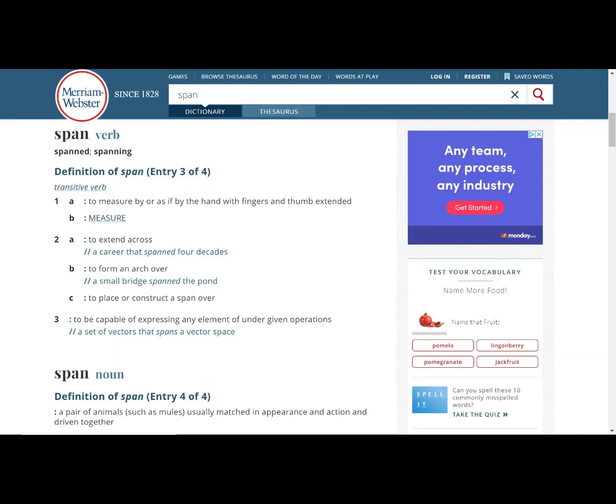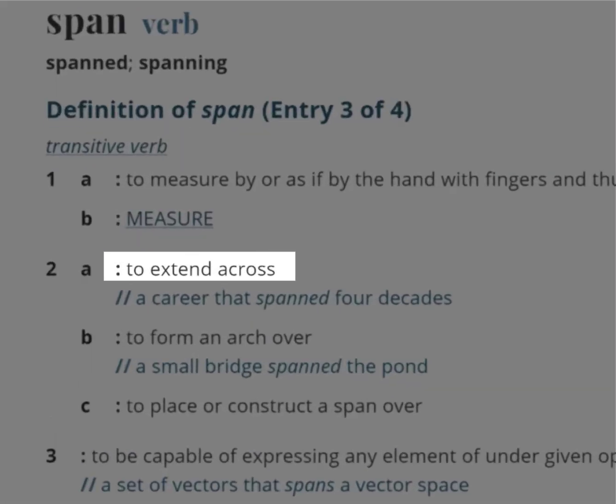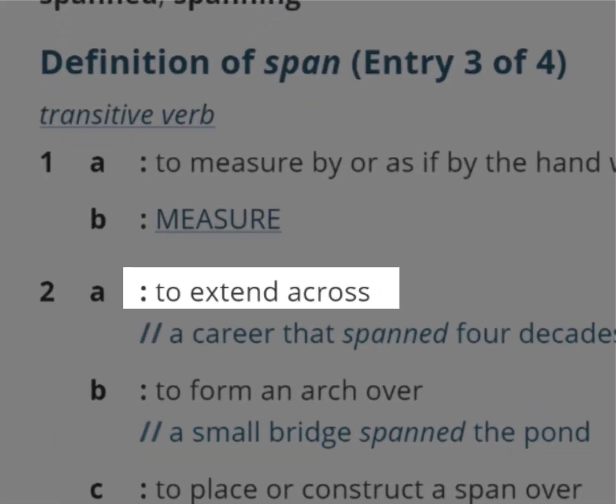Before I discuss the mathematician's version of the word span, the linear algebra version of the word span, I want to bring your attention to one of the Merriam-Webster English versions of the word span, and that's this one: to extend across.